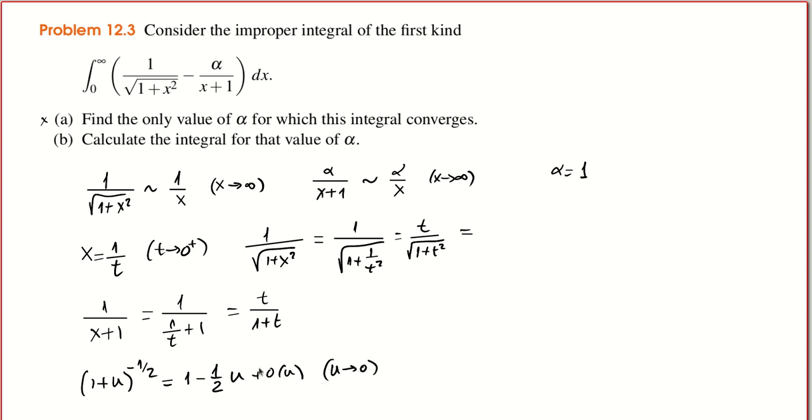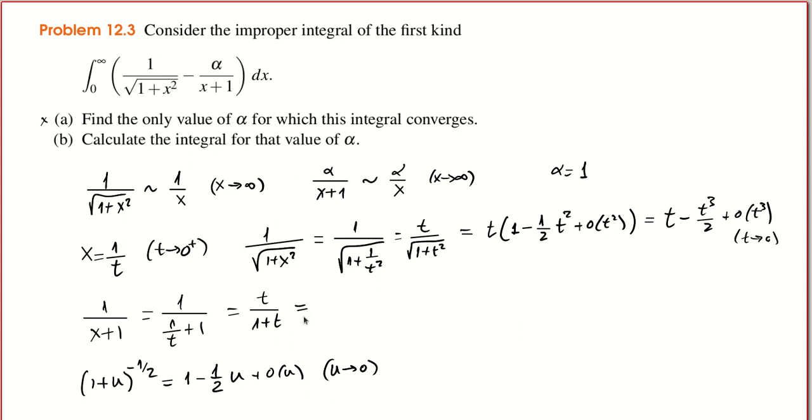So we can use this here. Then we have t times 1 minus 1/2 t squared plus o(t squared), which is t minus t cubed over 2 plus o(t cubed) when t goes to 0.